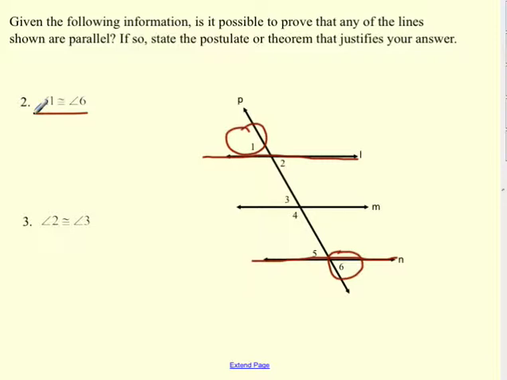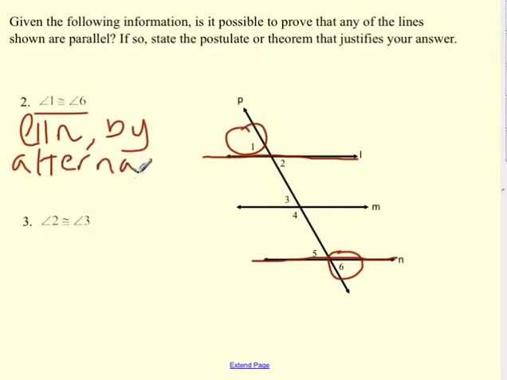Well, if the alternate exterior angles are congruent, then yes, we can say that L is parallel to N, and we can say that's true by the alternate exterior angles converse.